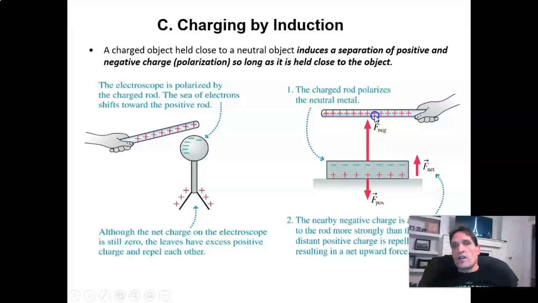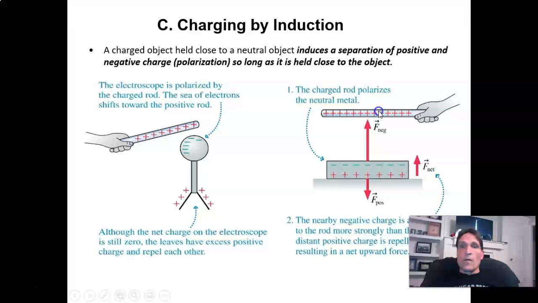You can do the same thing with little snips of paper. If you run a comb through your hair, the comb will be charged negatively. You put that negative comb near the snips of paper, and it's going to attract the paper because the positive charges on the paper will be closest to the negative charges, and they'll be more strongly attracted than the negative is repelled.